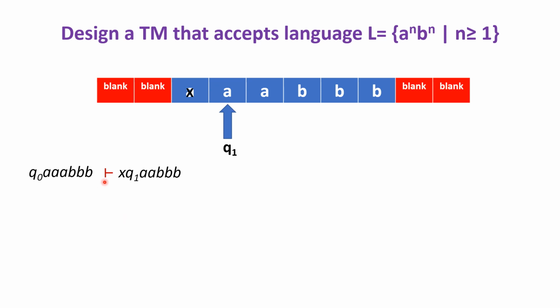We have discussed already how to write the instantaneous description. So the current instantaneous description will be X Q1 A B B B. Then move towards the right. So the next instantaneous description is X A Q1 A B B B. Similarly, the next is X A A Q1 B B B.